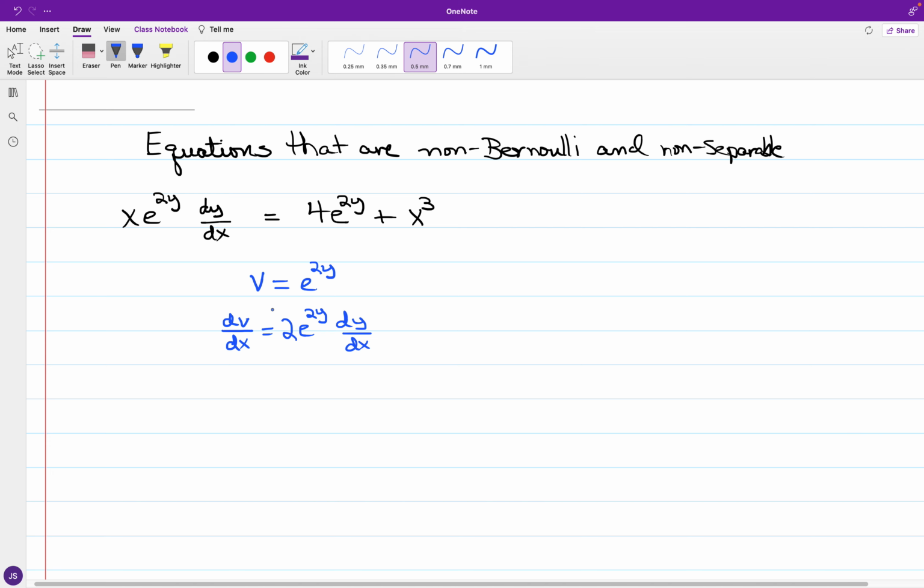Now if you notice, in the equation we have e to the 2y dy over dx, and here in dv over dx, I have 2e to the 2y dy over dx. So just keeping in mind, I'm going to have 1/2 of dv over dx is equal to e to the 2y dy over dx.